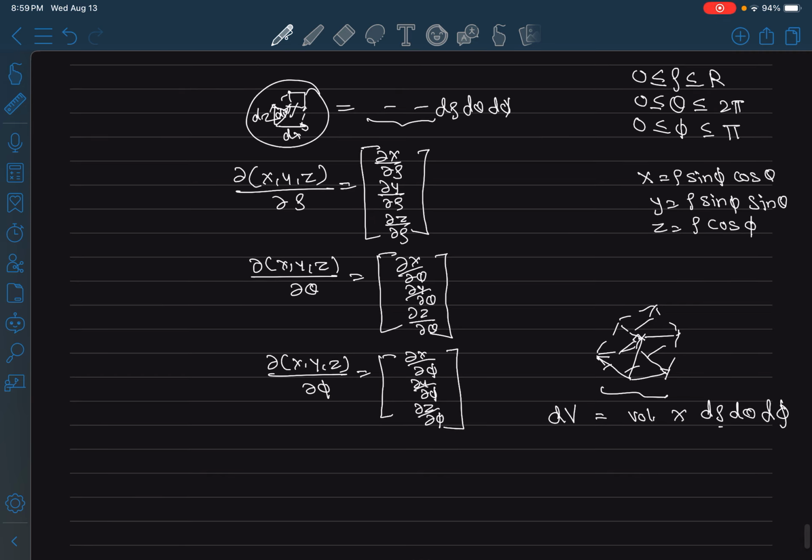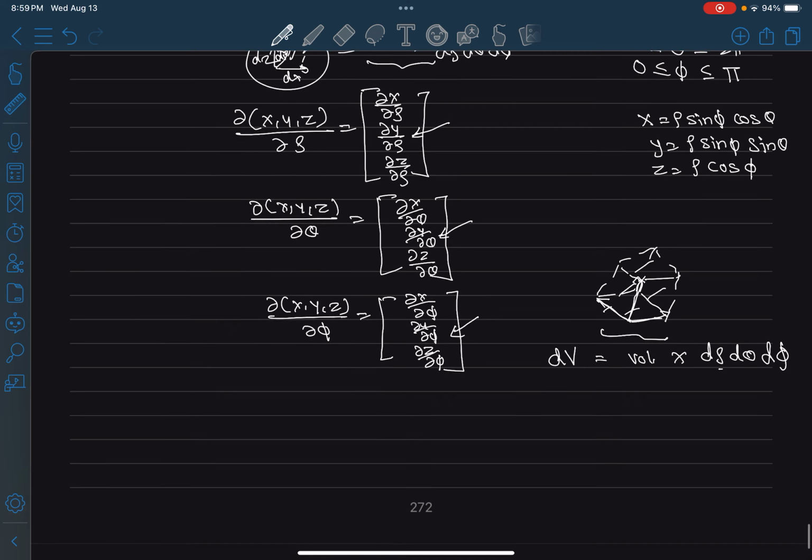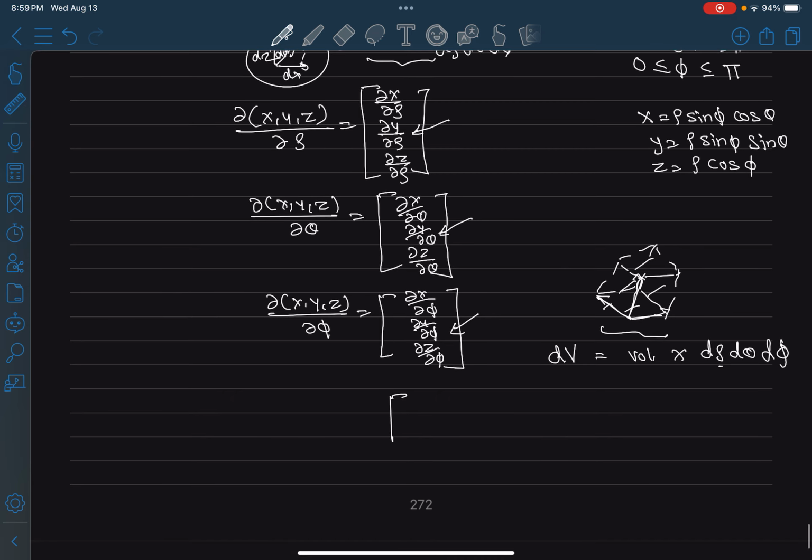And to find this volume, I guess you already know that if you want to find the volume made by these three vectors, the parallelepiped made by these three vectors, this is one vector, this is another vector, this is the third vector, and they make a parallelepiped here, the volume of the parallelepiped will just be the determinant, right?